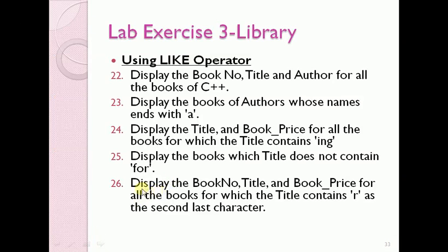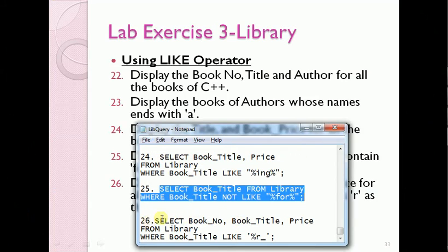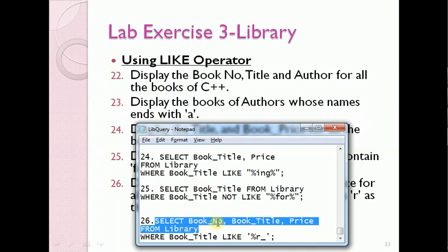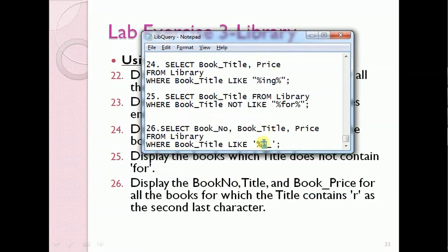Next question: display the book number, title and book price for all the books for which the title contains R as the second last character. That is, the second last character must be R. So how can we specify that? Select book number, title, price from library, where book title like... there must be a character at the last, and the second last character is R, and before that anything.